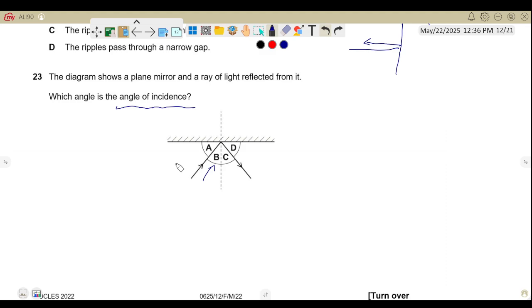So we always compare angles to this straight line, which is perpendicular to the surface of the mirror. So B is the angle of incidence. If, for instance, we wanted the angle of reflection, it would be C. But for this question, the answer is B.